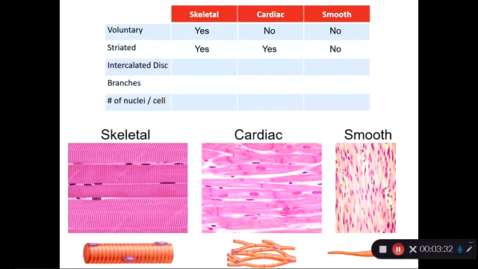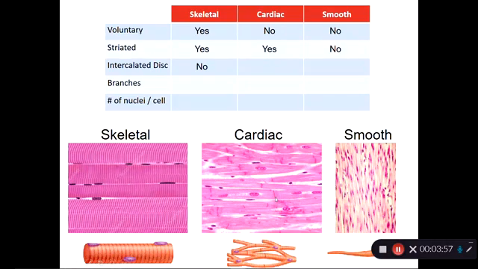Finally, intercalated discs. If you remember gap junctions, they sort of connect the cells together and allow certain materials to go across. Skeletal muscles don't have them. What intercalated discs look like is right there, that very heavy pink cross section.